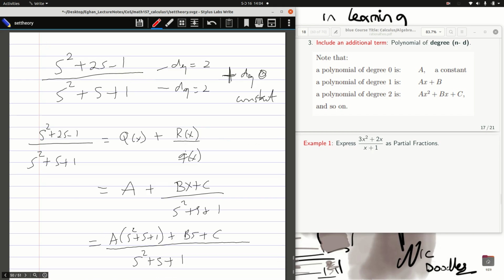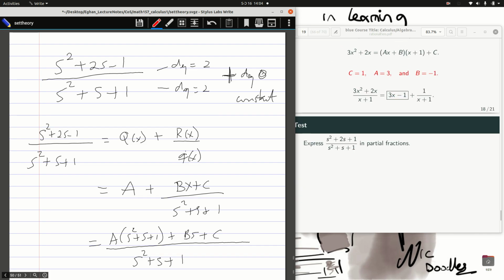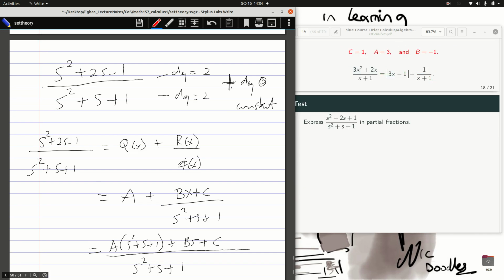Now let's look at the second example. So here I use a partial form. Look at the second example here. Realize that in this case the degree of the numerator is 2, degree of the denominator is 2. This makes it improper. So I can't factorize. I have to use the long division.